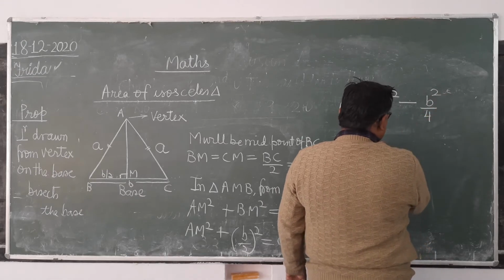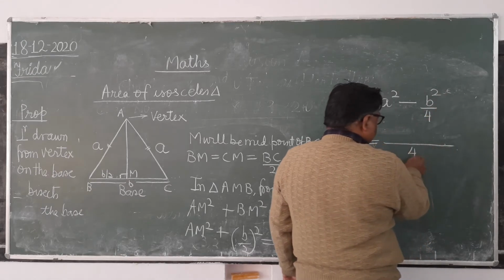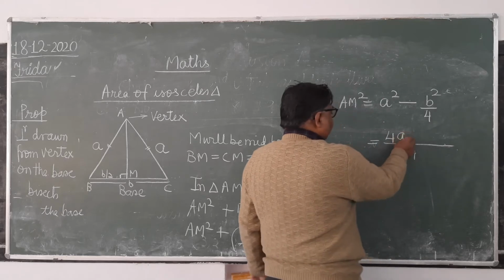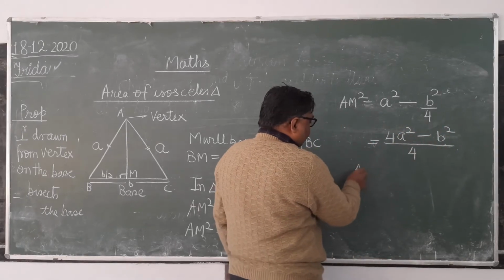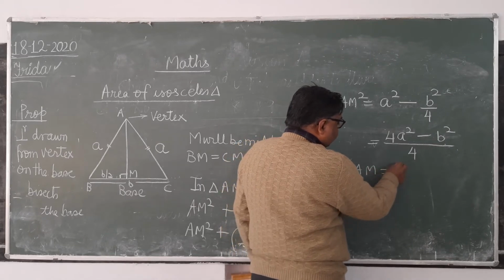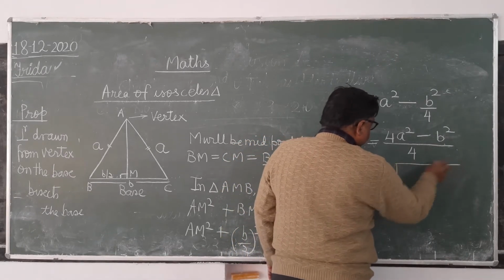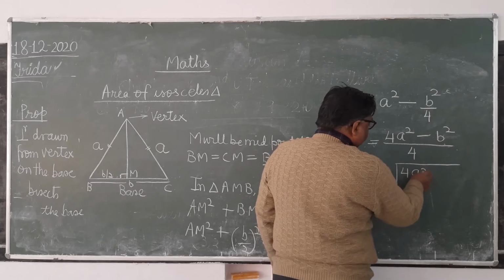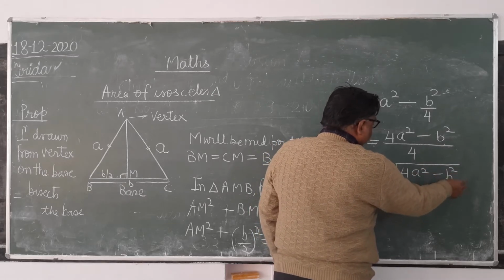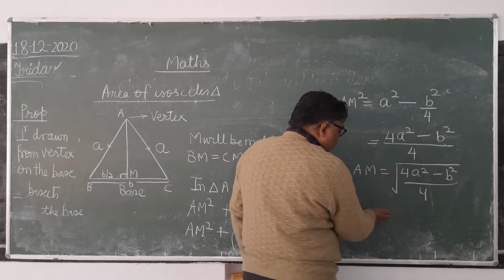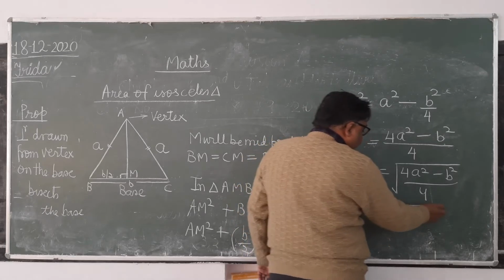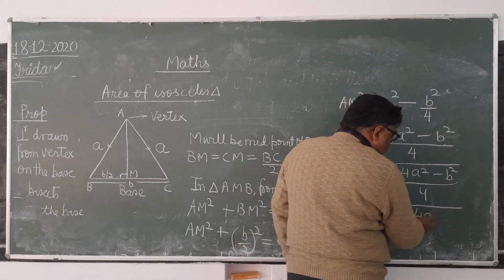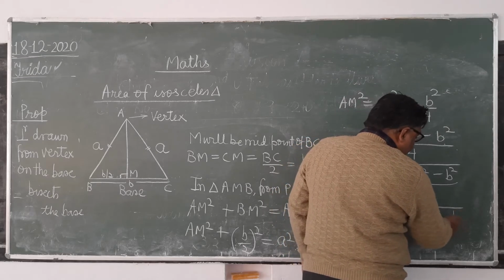So what will be the LCM? It is 4A square minus B square. So on taking the square root, it will be square root of 4A square minus B square upon 4. So it will be equal to 1 upon 2 square root of 4A square minus B square.